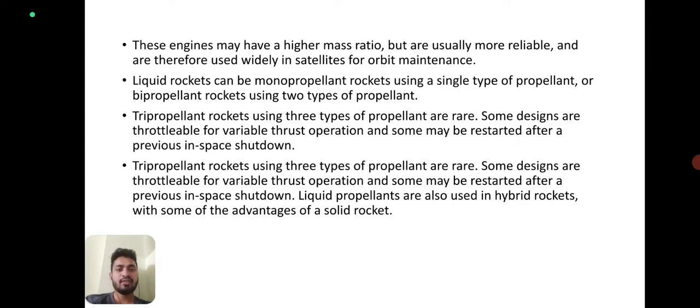Some designs are throttleable for variable thrust operation, and some may be restarted after a previous in-space shutdown. Liquid propellants are also used in hybrid rockets, with some advantages of solid rockets. Hybrid rocket engines use both solid and liquid propellants.